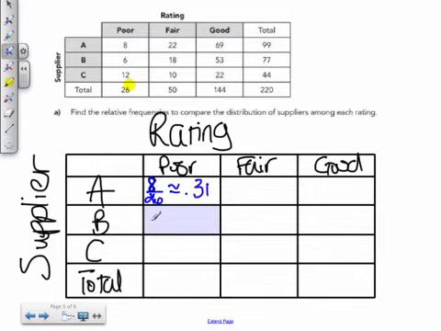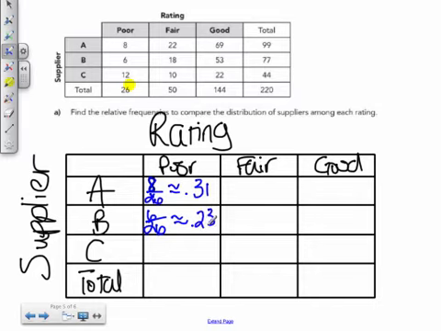So now for supplier B, I need to take however many there were that were poor ratings from supplier B out of the total number of poor ratings there were altogether. So this is 6 out of 26. Same thing, plug it into your calculator, and you would end up getting 0.23.